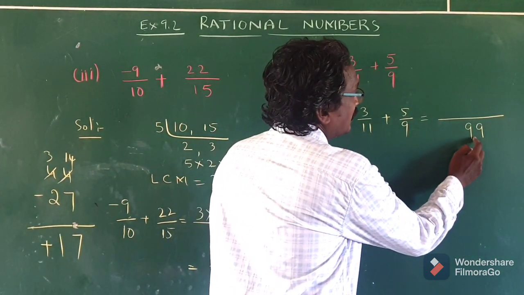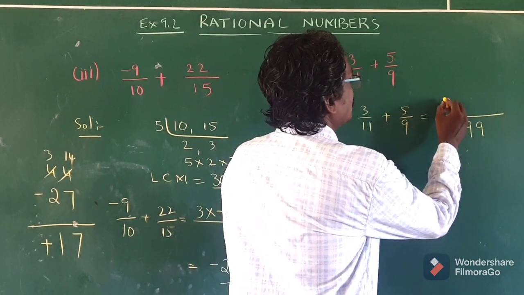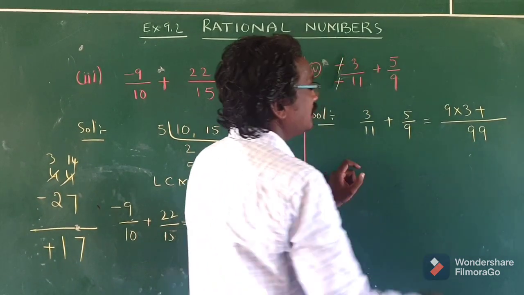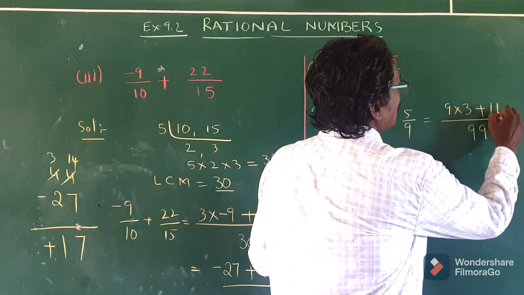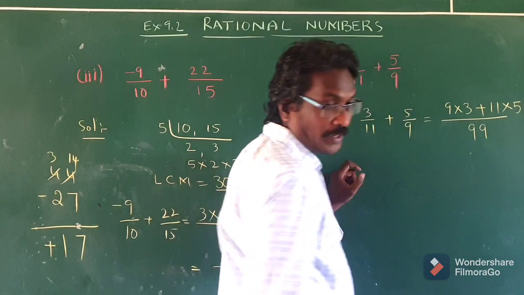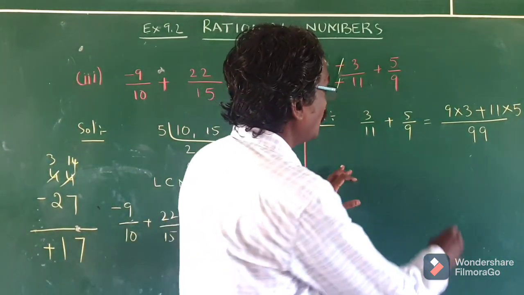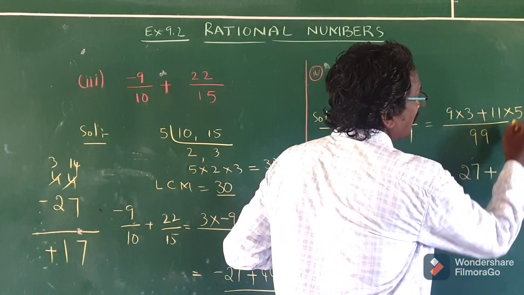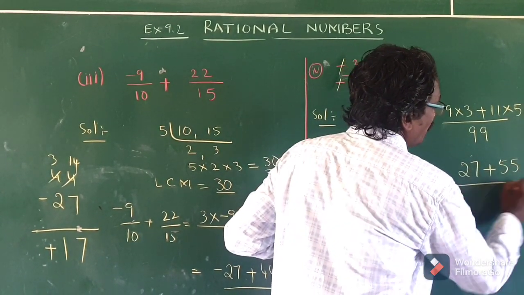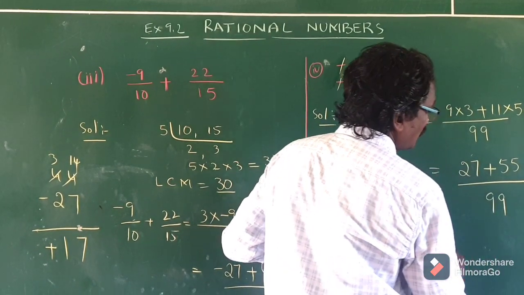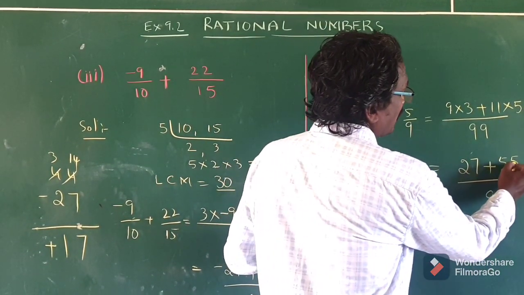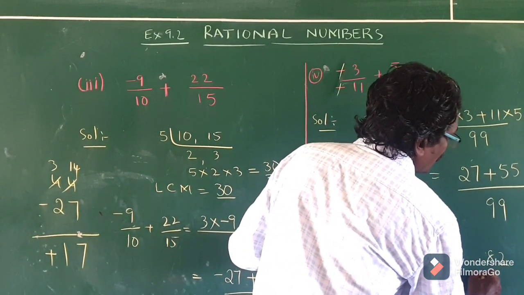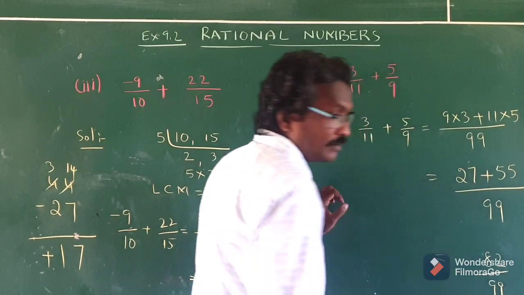Now 11 table in 99, how many times? 9 times. 9 into 3 plus 9 table in 99, how many times? 11 times. 11 into 5. Okay. Now 9 threes are 27 plus 11 fives are 55 by 99. Now add 7 plus 5, 12. 1 carry. 3 plus 5, 8 by 99.